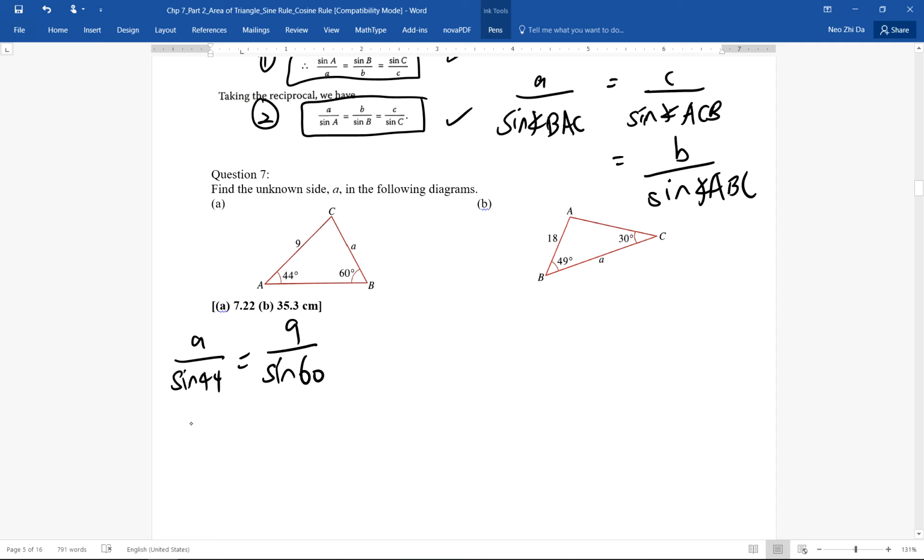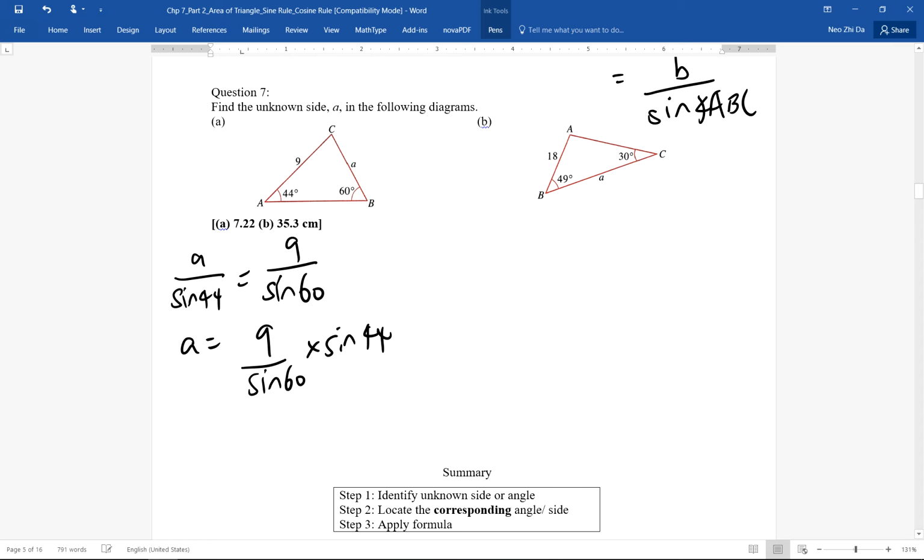Okay, so cross multiply. So A is just equal to 9 over sine 60 times sine 44. Answer round up to 3 SF, because this is the length. So length is 7.22. Okay, so you will go and do B or go practice B.